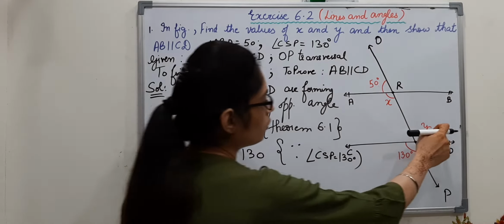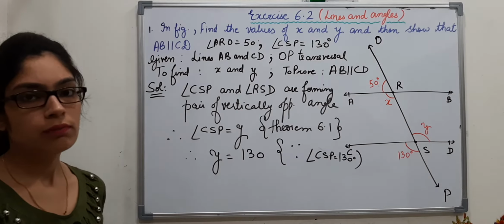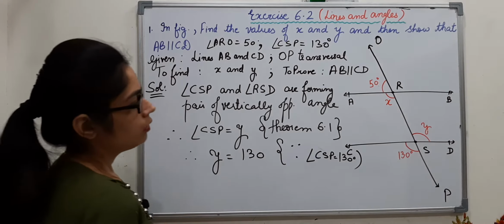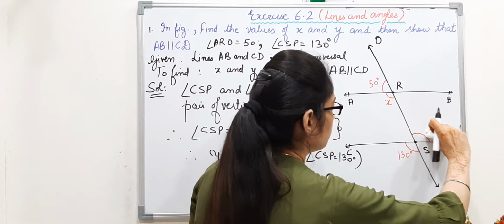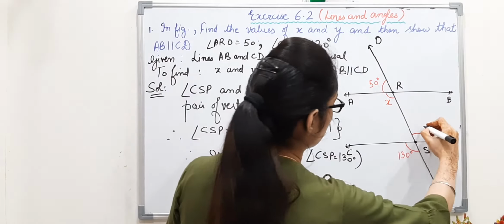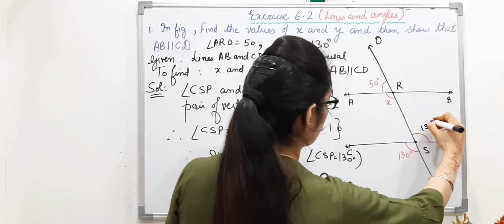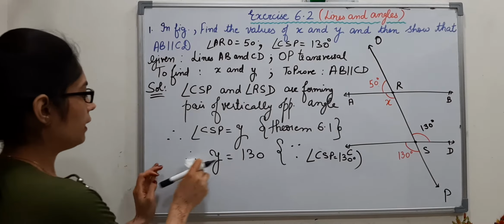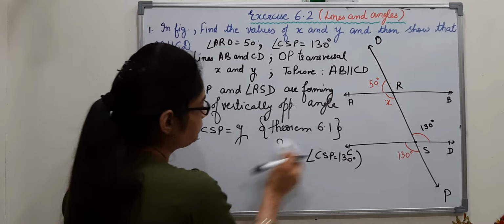Now we know the value of y. So let's find out the value of x now. So here we can mention y is equal to 130 degree. Now let's find out the value of x.